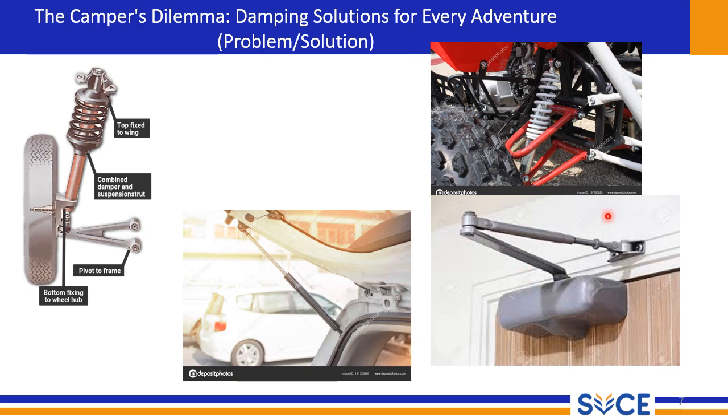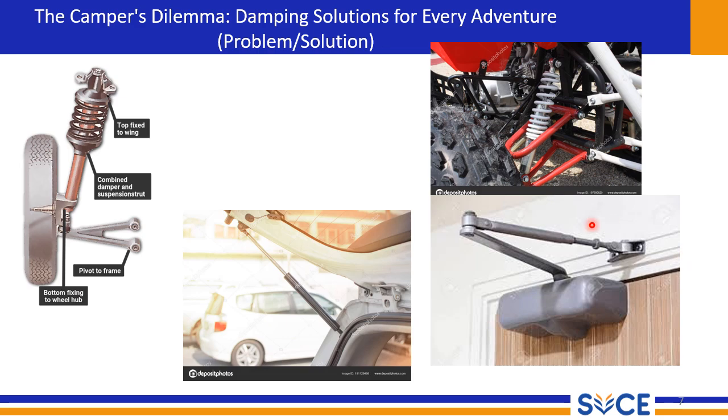It ensures a quiet and gentle closure of a tent flap, cabin door, or RV screen door, preserving the peace and tranquility of your outdoor retreat. It prevents those annoying slams in the wind that can shatter the serenity you came seeking. So whether you are a rugged adventurer or a weekend camper, remember the importance of damping, from high performance shocks to simple door closers.